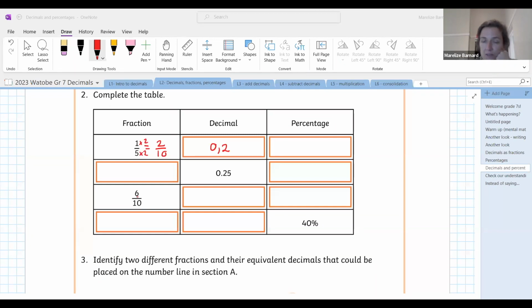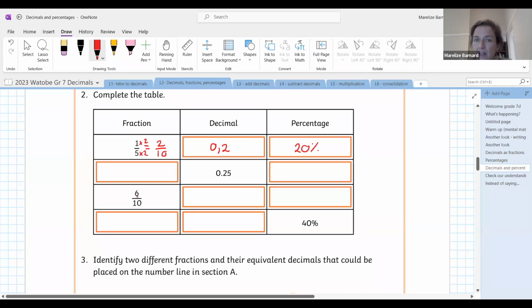And Miss Kat is right. Be careful. This is 2 tenths. Percentage is always out of 100. So at the moment, we've got 2 tenths. So we still have to make a plan to get it to a percentage. Now we are changing our minds to say that it's 20%. Now, how do we work that out?